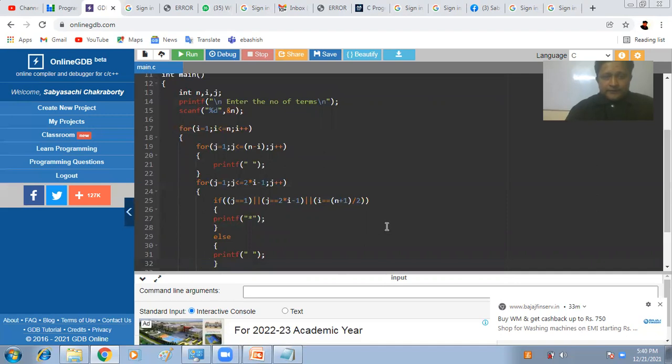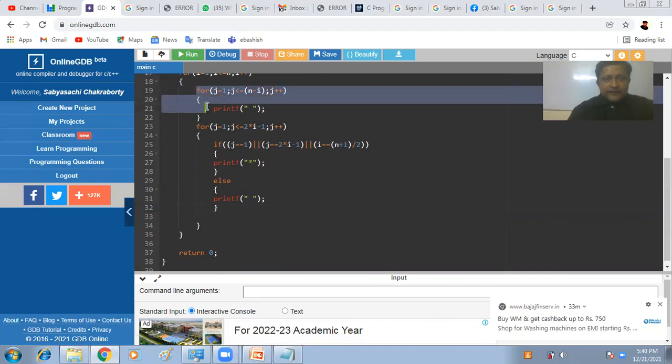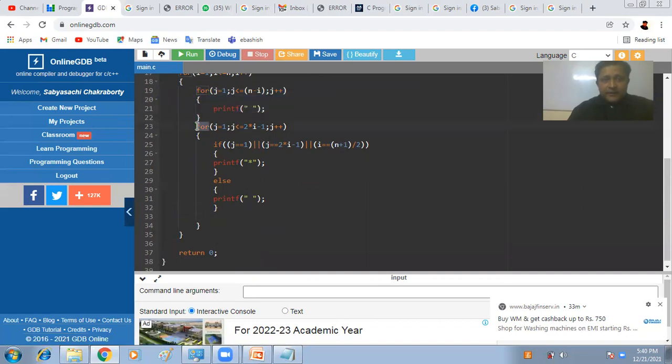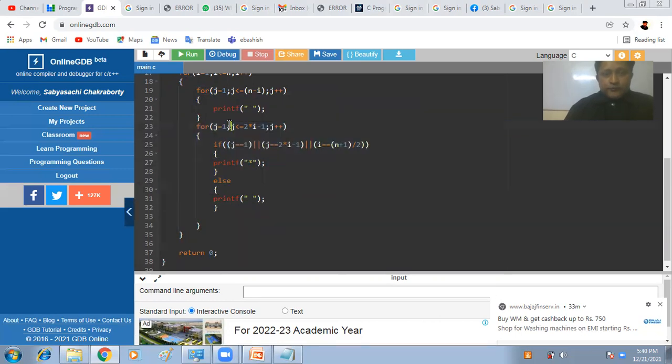So we have this under the nested loop J. We have this nested loop for printing the pyramidal structure. This is a nested loop for printing the initial blanks on the left side, and this is inside the pyramidal structure. We represent it by the J loop, the J index 1 to 2I minus 1, in which the printing of star is conditional.